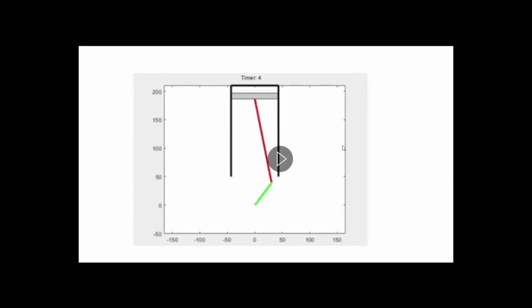And when I've frozen it, you can see that there is a triangle shaped formed between the gudgeon pin, which attaches the piston to the connecting rod, the main journal of the crankshaft, and the big end journal of the crankshaft. So these 3 points, gudgeon pin, main journal, big end journal, form a triangle.